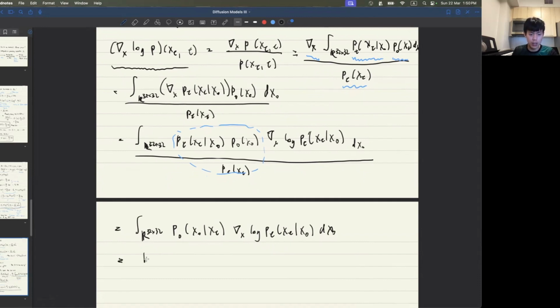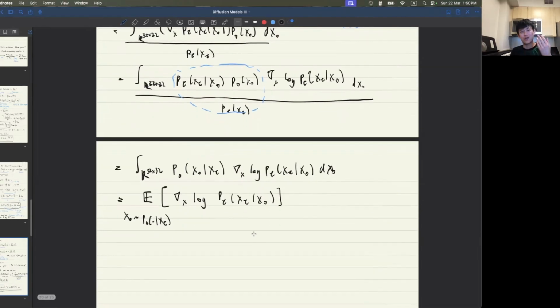So this is precisely equal to the expectation of x0 sampled from the probability density at time 0 conditioned on seeing the state at xt, the expectation of the score at time t, which is the gradient of log pt xt given x0.